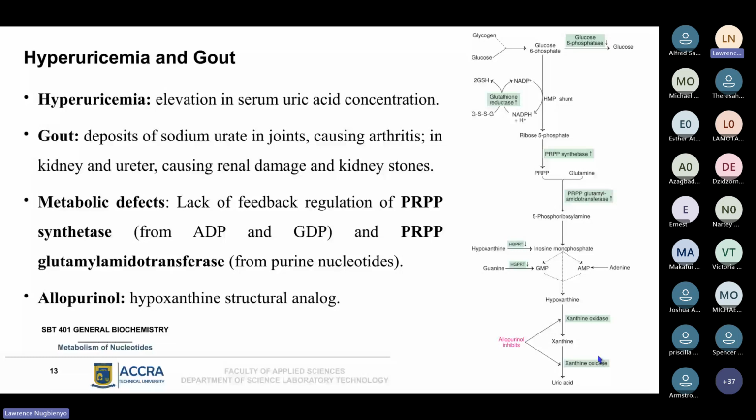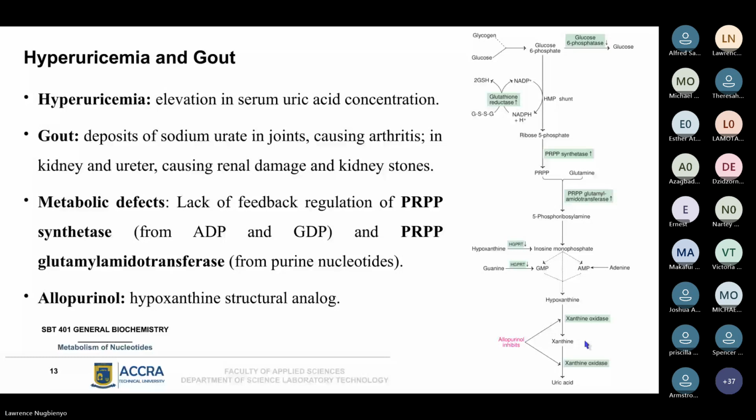It's an inhibitor having similar structure but different functions to the xanthine oxidase, so that if it inhibits xanthine oxidase, there will be less formation of xanthine from hypoxanthine. Similarly, there is going to be less formation of uric acid from xanthine, so that the concentration of uric acid is lowered in that process.